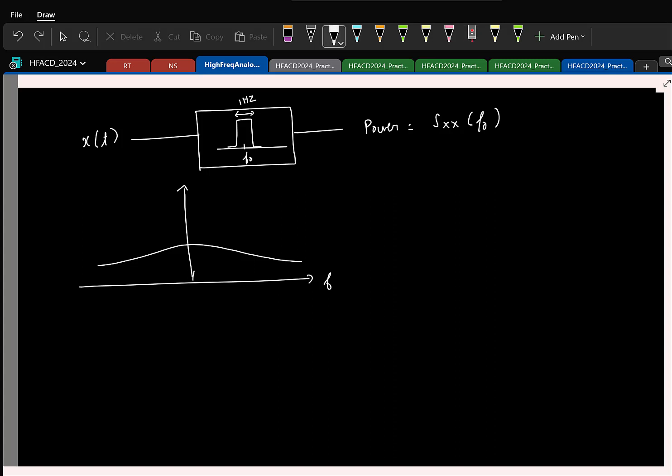Since it's an even function, this is called the two-sided PSD. Typically, instead of showing this, we take the negative side, add it to the positive one, and show only one side. This is the one-sided PSD.